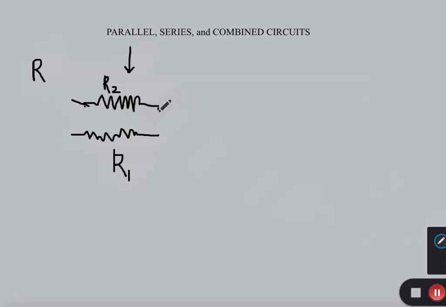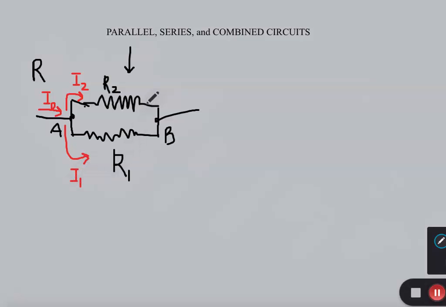There's a common node, so that means the two edges are attached together, and let's call this A, and let's call this point here B. The electric current is passing from left to right, so this is I0, and this splits up into I2, passing through resistor 2, and I1 passing through resistor 1.